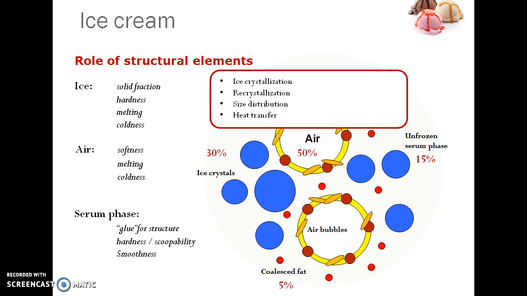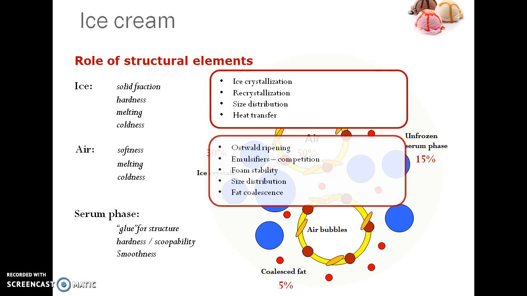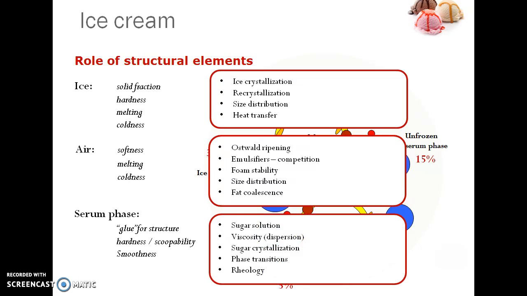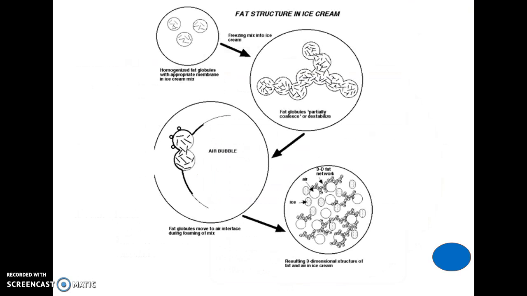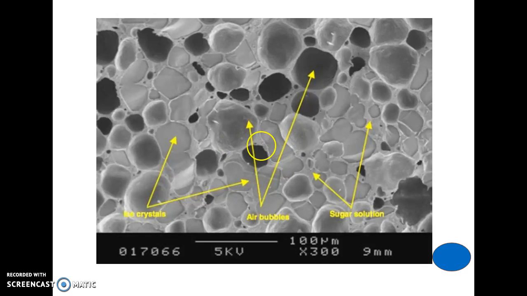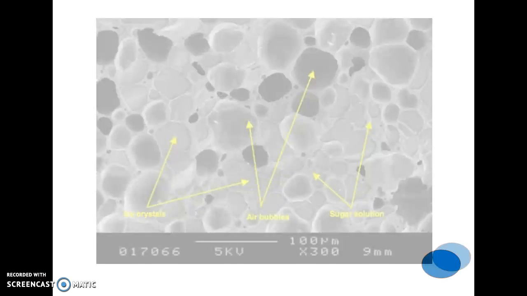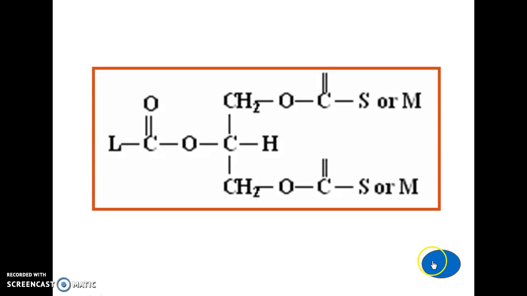Ice crystallization is there, with lots of contribution from physical chemistry: size distribution, heat transfer, ripening. So how to make your ice cream smoother? This is the same picture of your ice cream. So you need to take the help of chemistry.